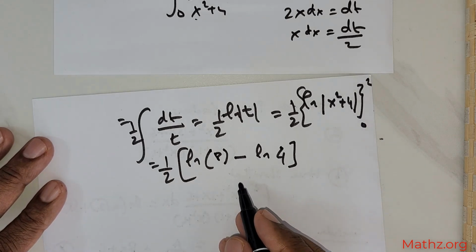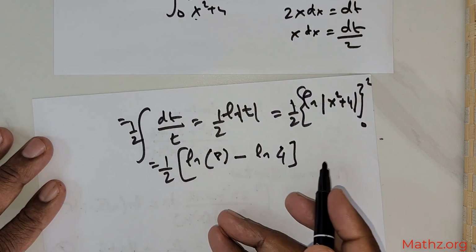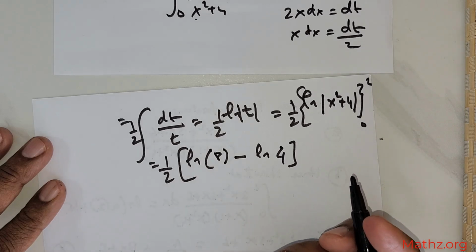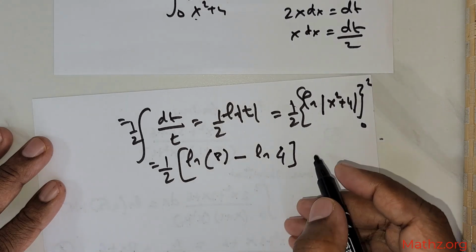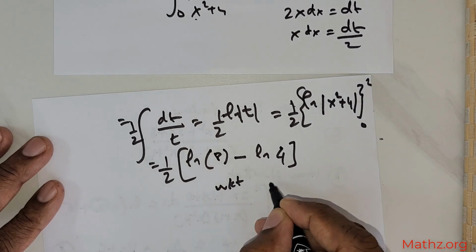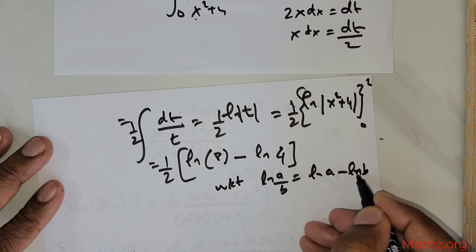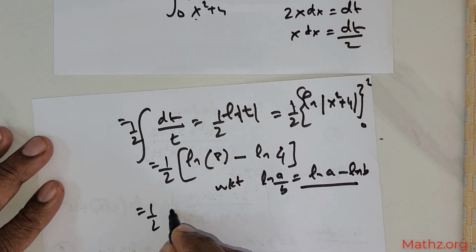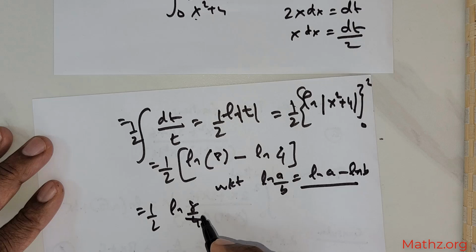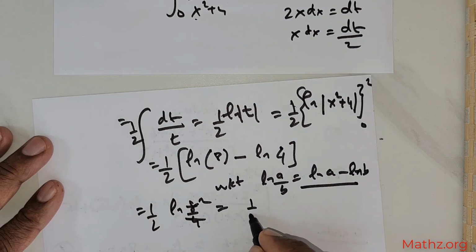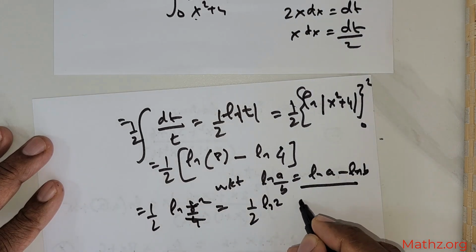Now you can either retain this as it is, or write it like this. We know that ln of a over b is equal to ln a minus ln b. So by that, this is 1 over 2 ln of 8 over 4. So 4 divides 2 times. So this is 1 over 2 ln 2.